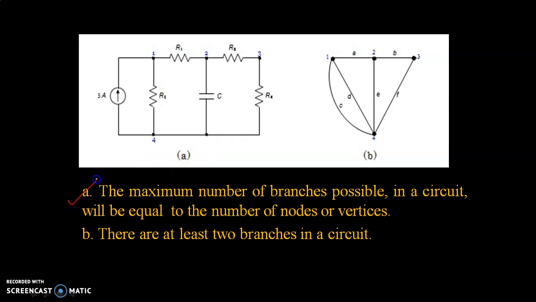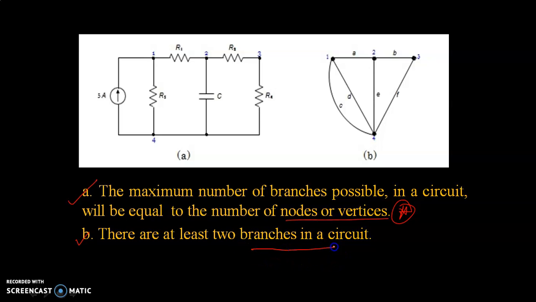The maximum number of branches possible in a circuit will be equal to the number of nodes or vertices. This is important for your objective questions and examinations. And point B, there are at least two branches in a circuit.